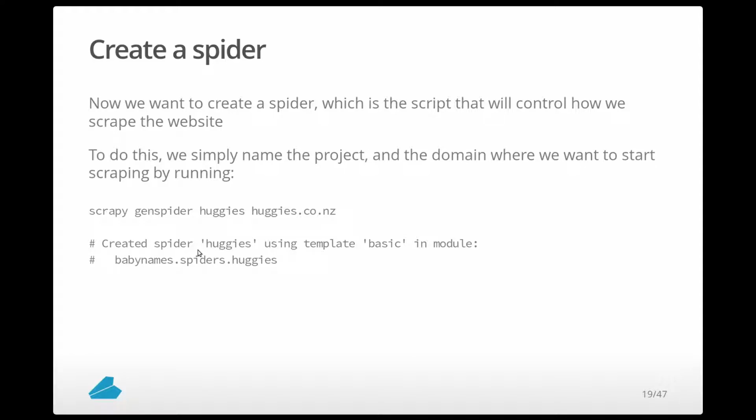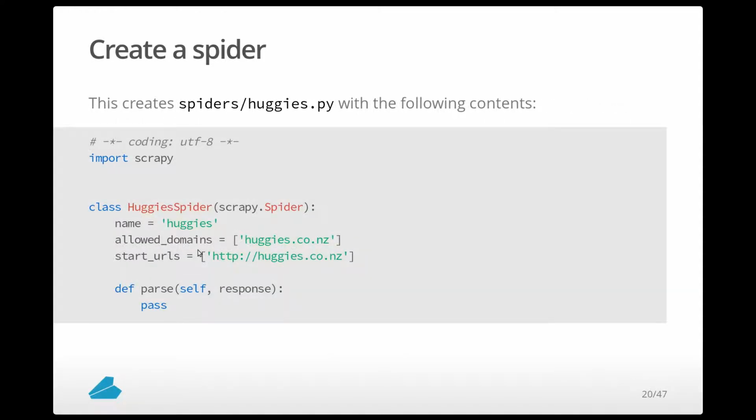Right? So you just give the spider a name, Huggies in this case, and then you give it a domain to point at. And what this does is it creates a file called spiders/huggies.py, and spiders/huggies.py has these contents by default. So this is your basic bare bones spider that does nothing.